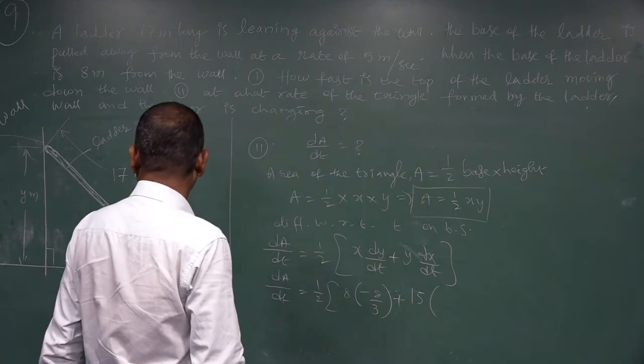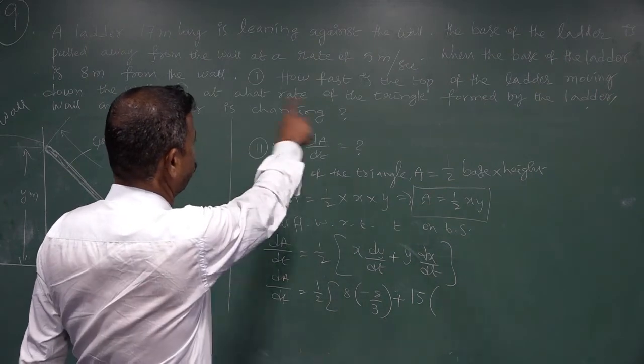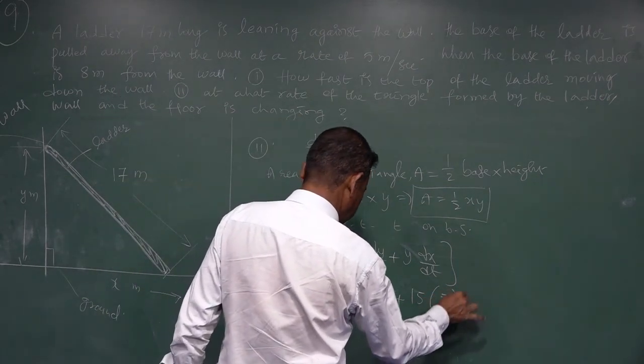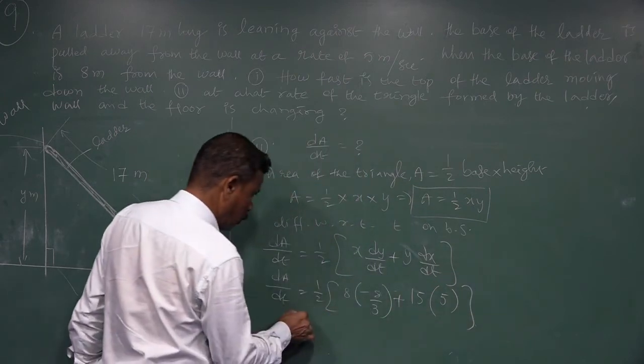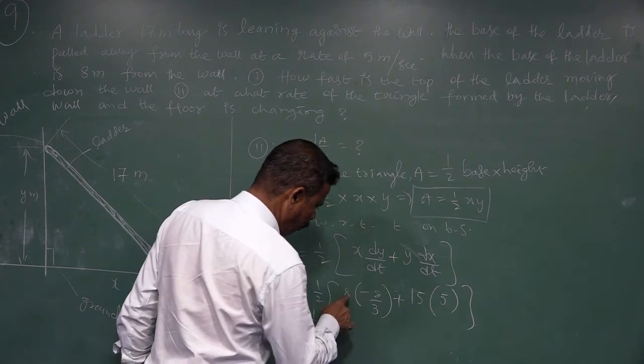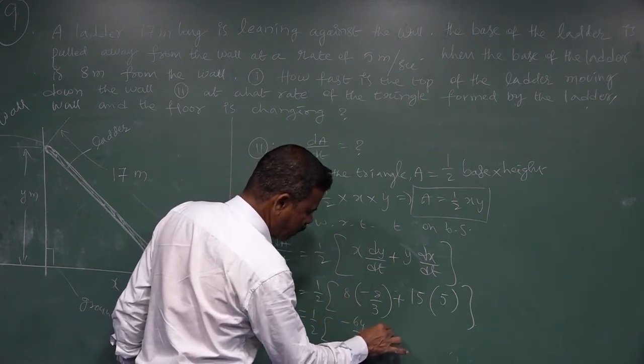Previously dx by dt was 5 meters per second. Now after this calculation, half into minus 64 by 3 plus 75.